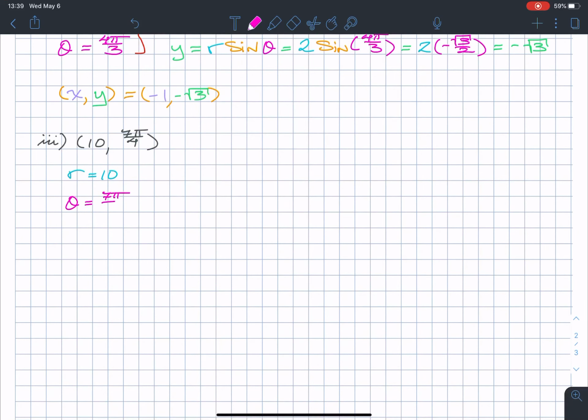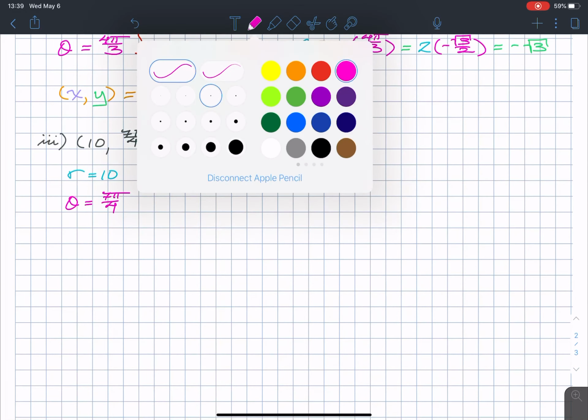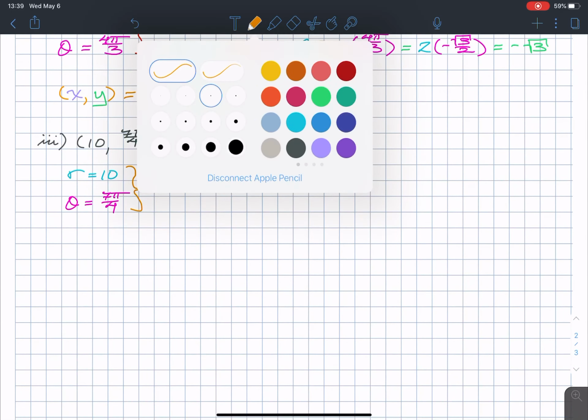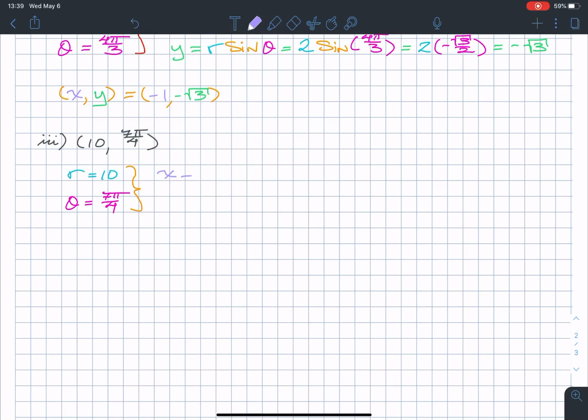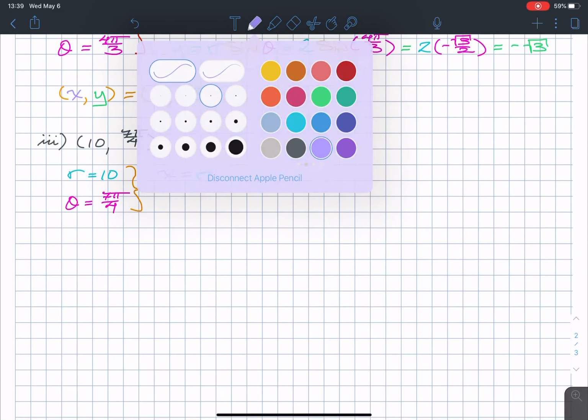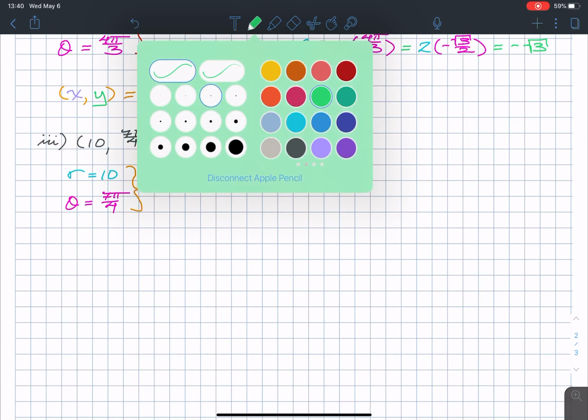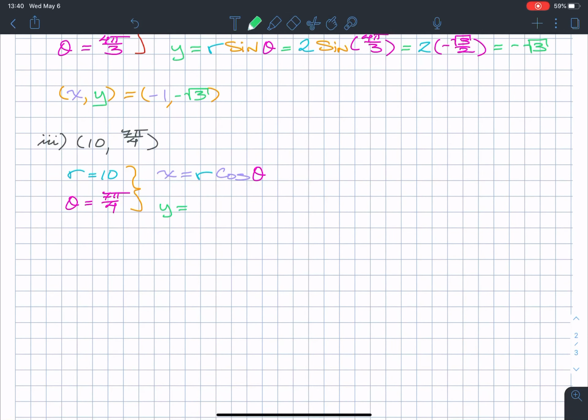So 7 pi over 4 is in quadrant 4. So what do we get? We get that x will be r times cosine of the angle theta, whereas y will be r times sine of the angle theta.